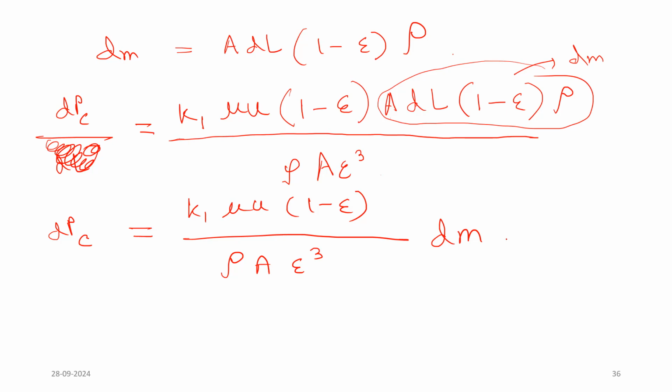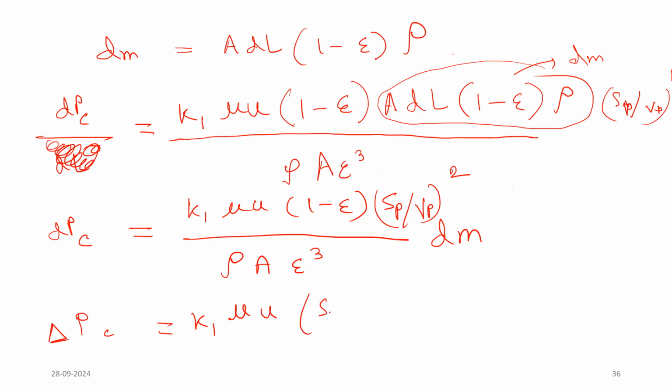And now we can rearrange it such that delta Pc A divided by mu u Mc is on the left hand side, and the right hand side is K1 (Sp by Vp) square (1 minus epsilon) divided by rho epsilon cube.